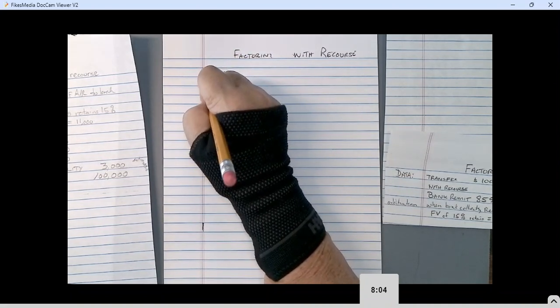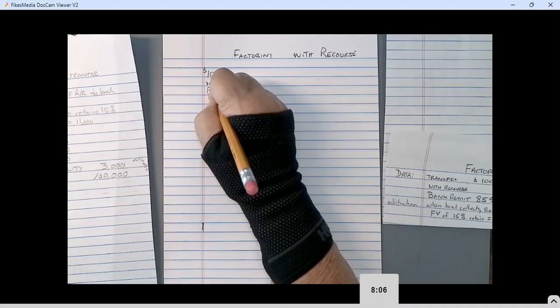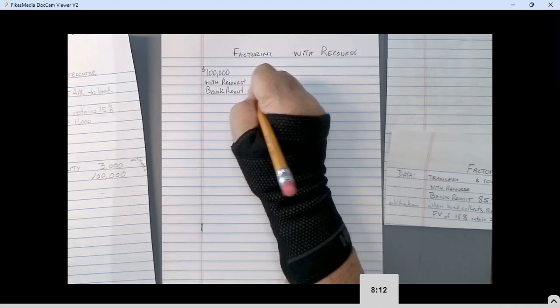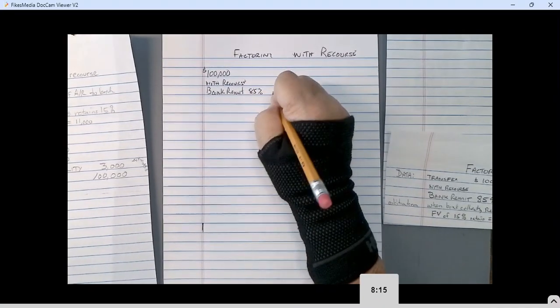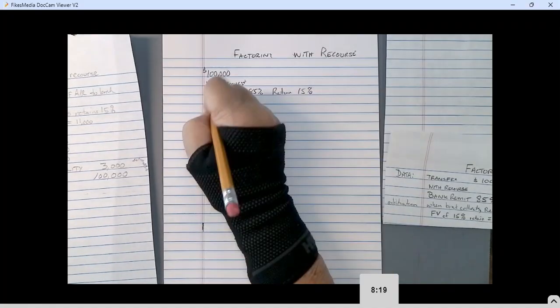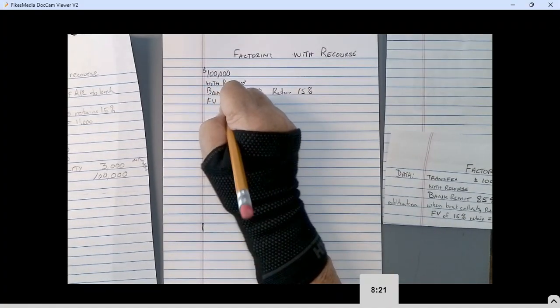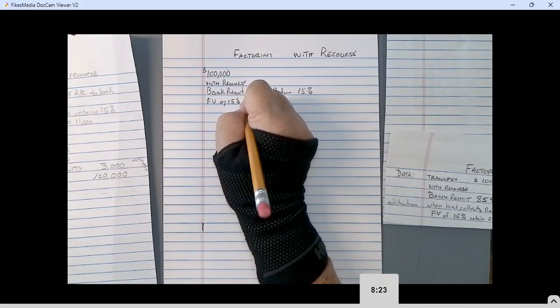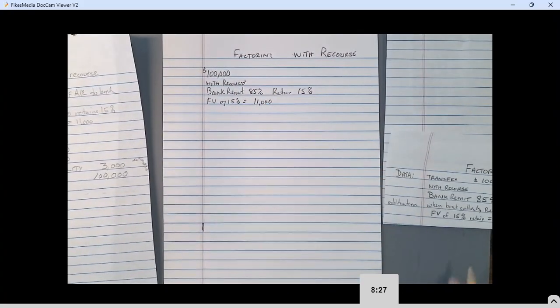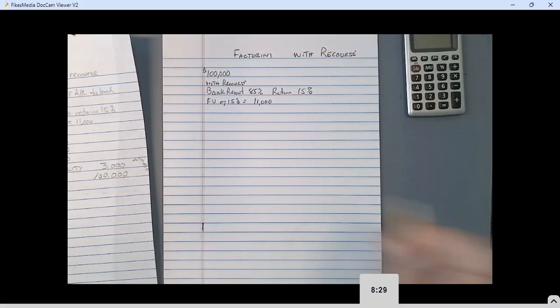Okay, the bank remits 85%, retains 15%, and the fair value of the 15% equals 11,000. Same data that we pull out, only this time it's with recourse.